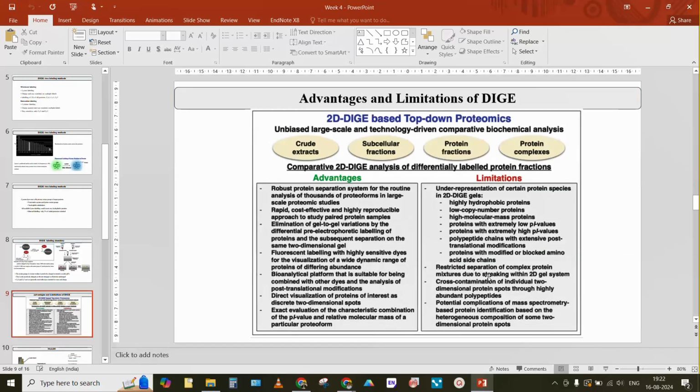Now let's discuss some advantages and limitations of DIGE. There are some advantages, like the amount of protein starting material required is very small as compared to the requirement of 2D electrophoresis. DIGE is extremely sensitive. There is higher reproducibility as two different samples can be analyzed on the same gel, so differences in protein expression levels are purely attributed to biological variations.